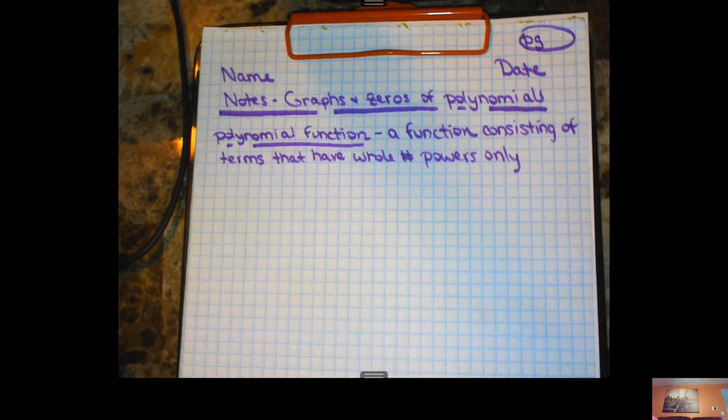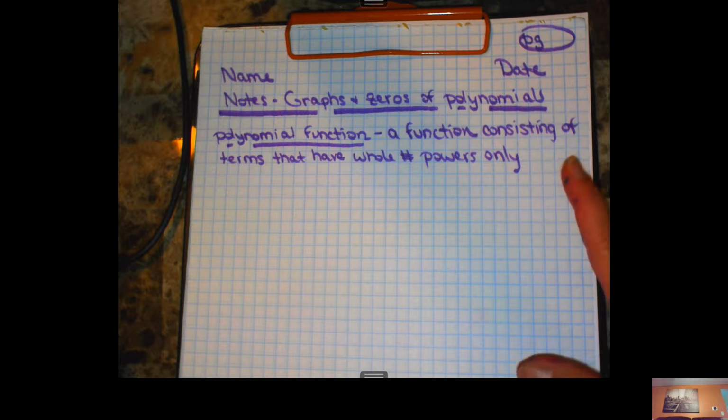And what I mean by that is their exponents are only whole numbers, like 1, 2, 3, 4. Could be 0, but that's just a regular constant. So no fractional exponents. So we're going to, again, look at some graphs, and I'm just doing sample sketches, so they don't have to be perfect.